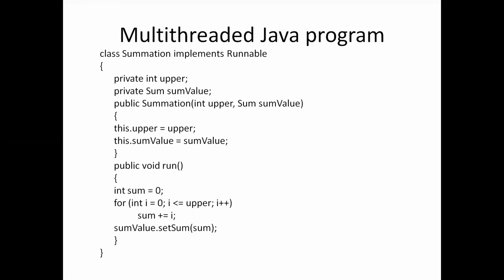So we access it by invoking the setSum method using the Sum class object, which is sumValue. To store the sum value, we invoke the setSum method using the sumValue object. sumValue is a Sum class object. Understood, right?